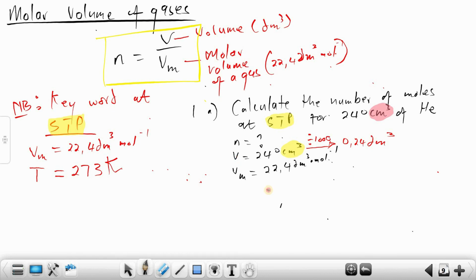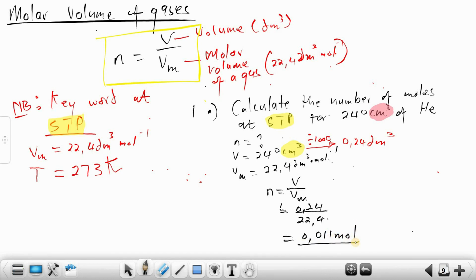It basically says n is equal to V over Vm, which will now be 0.24 divided by 22.4. Then it will give us our final answer, which is 0.24 divided by 22.4, which is equal to 0.011 mole.